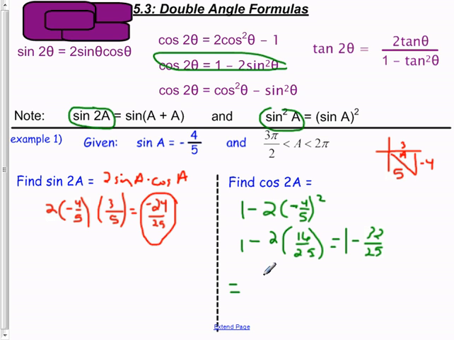I have to get a common denominator, so 25 over 25 minus 32 over 25, which should give me -7 over 25. Oops, that's a -7. I kind of screwed that up there. Okay. So, that's the basics right there.